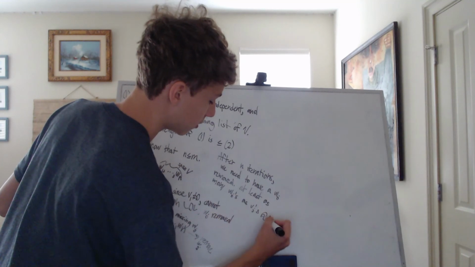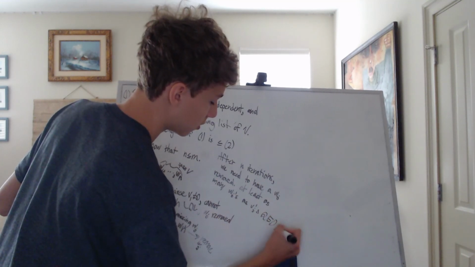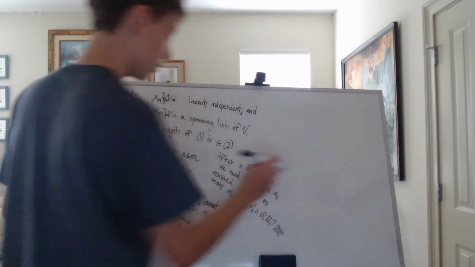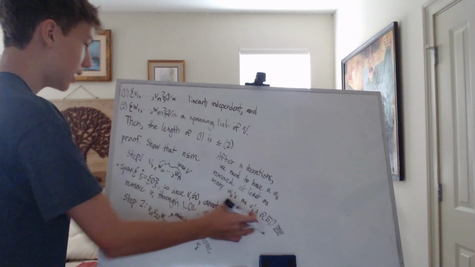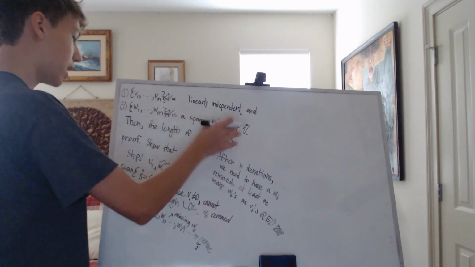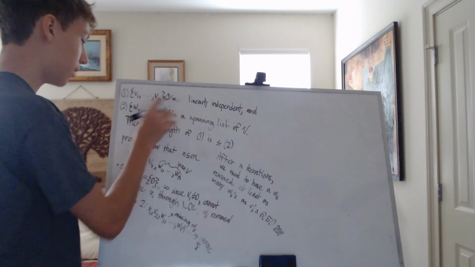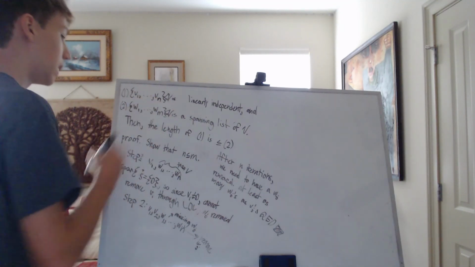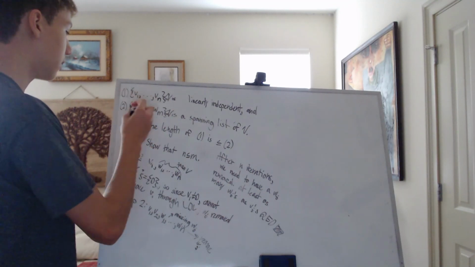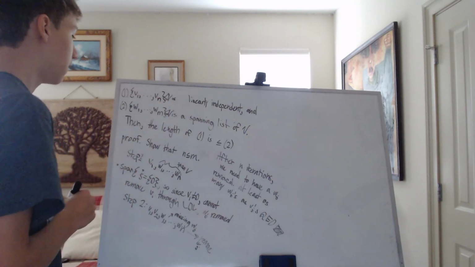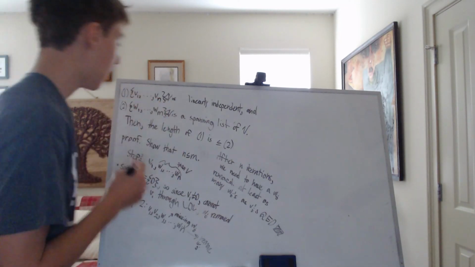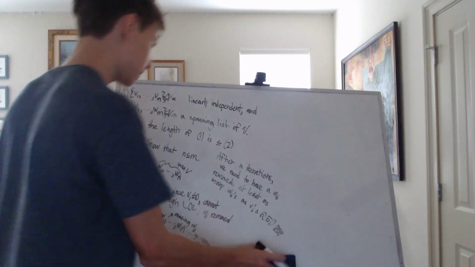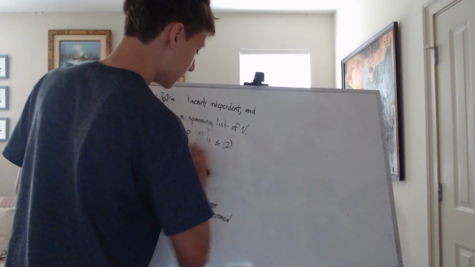QED. Oh man, we're running out. That tells us that the length of w1 through wm is at least as long as the list from v1 through vn. So we've shown that m is greater than or equal to n. Alright, nice. So that is an important result.